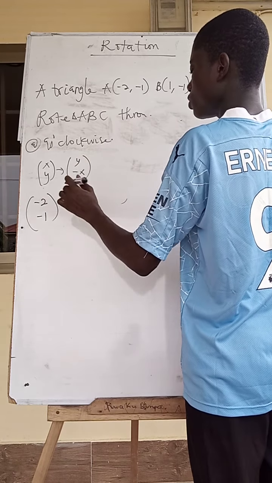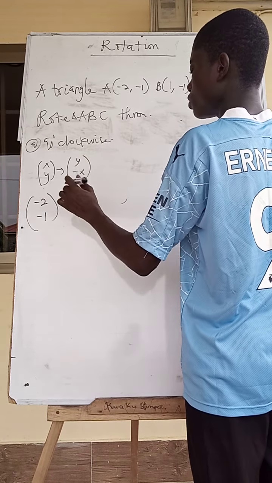The first it was negative x. So we see our x is negative 2, and they are saying it is negative of x. So negative of negative 2, this negative times negative is going to be positive. So the image is going to be negative 1 and 2. Do you get it?